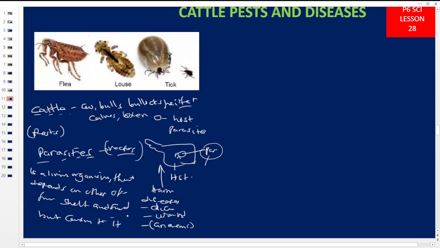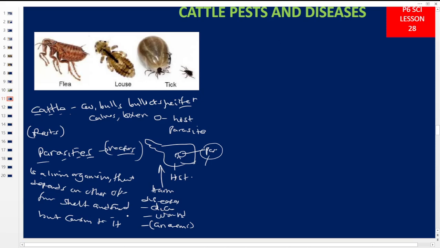Twitching is when the skin is shaking, trying to chase away the house flies. They cause discomfort, they cause wounds, the animal can be anemic, can get diarrhea, and can get stunted growth, cannot grow.